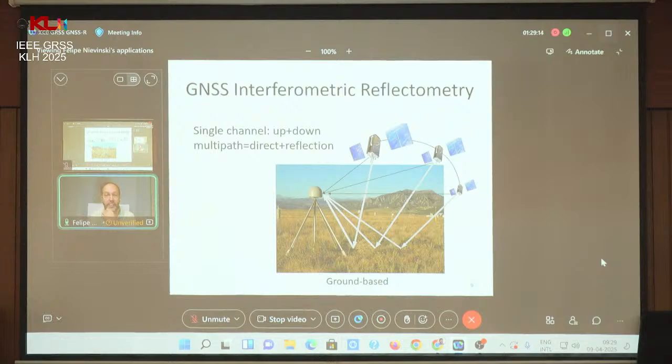So as the satellites change direction in the sky, the reflection delay will also change. This reflection delay will be near zero at the horizon, and it will be maximum for a zenith direction. When the satellite is right overhead, the reflection travels twice the antenna height more than the direct wave.